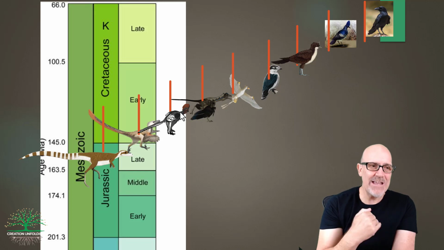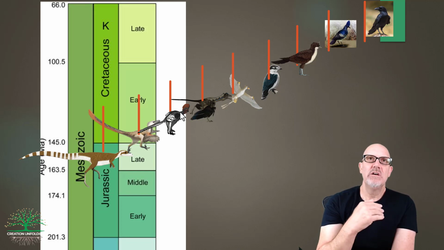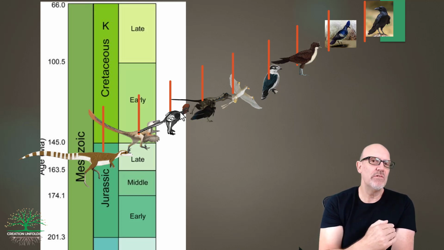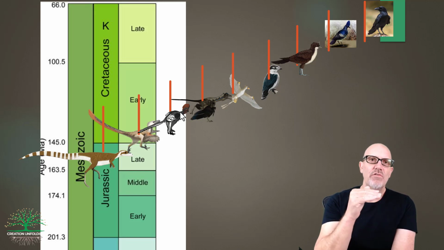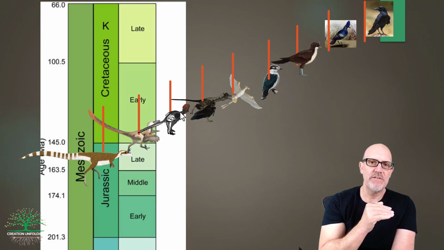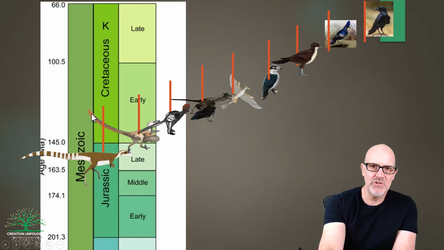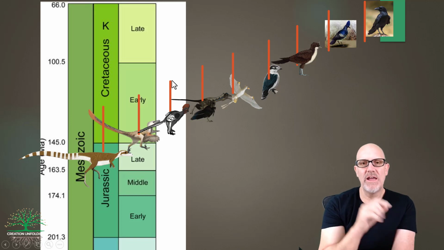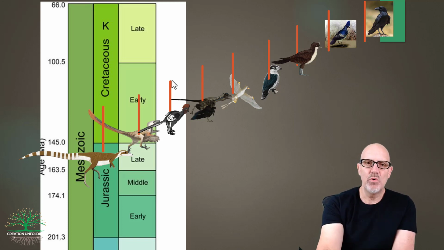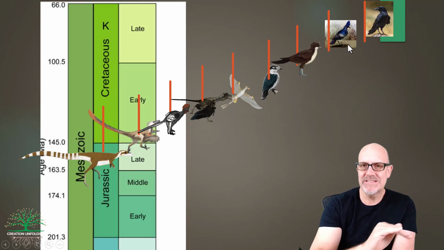And I think that's a pretty cogent, cohesive way of looking at it. That's exactly what we should find. We should find the next evolved critter just a little bit higher up in the fossil record. Again, don't worry too much about what happens with the range, the top of the line, but where they start is important. We should sort of see a step ladder, something that looks something like that.